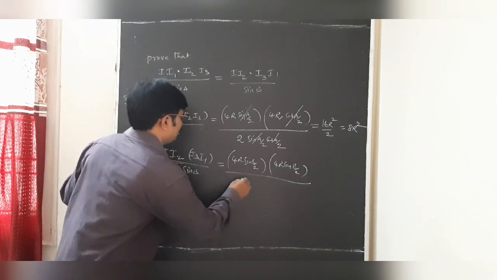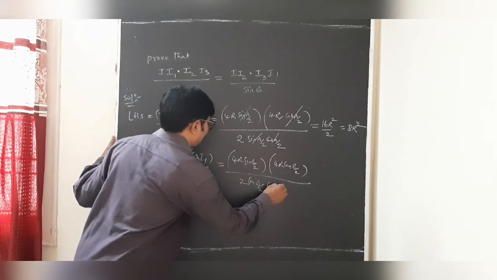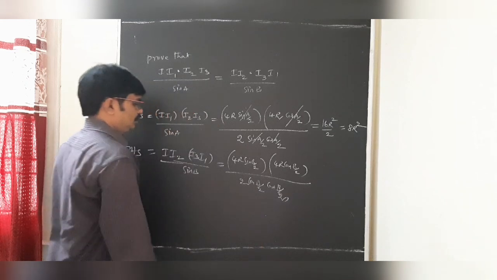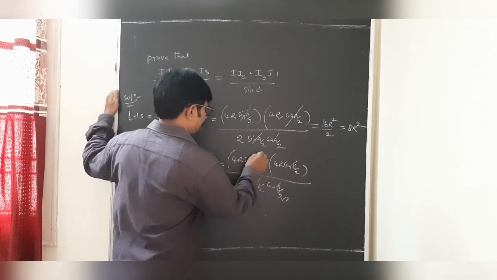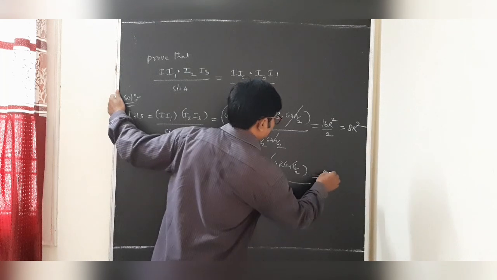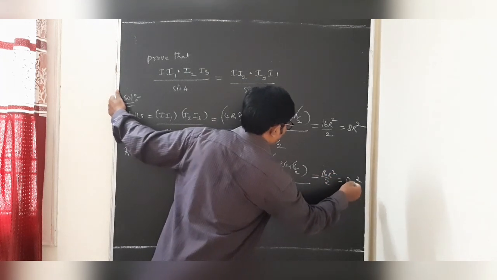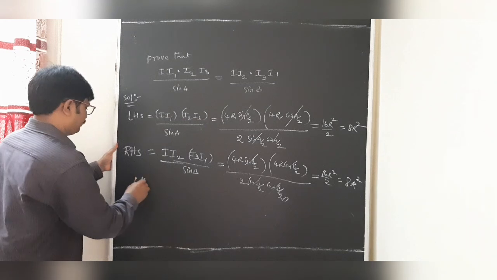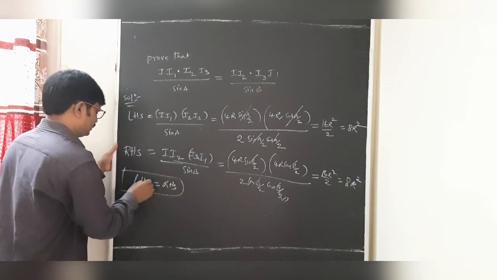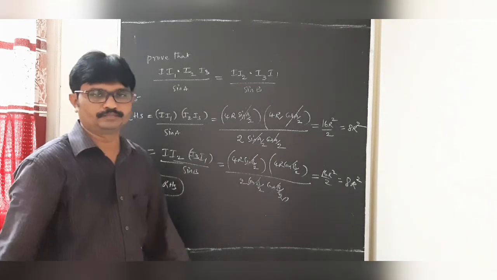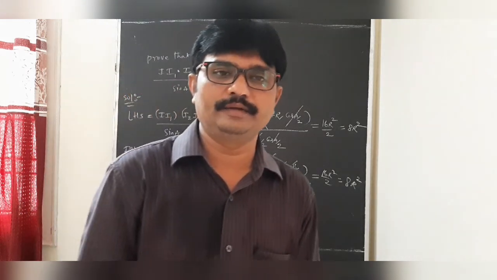So students, sin B is 2 sin B by 2 cos B by 2. So these two are cancelled. This is also 16R square by 2, 8R square. So the left hand side equals the right hand side. LHS equals RHS. Okay students, this is today's topic.